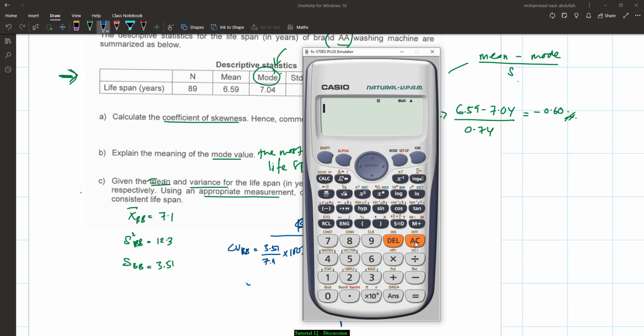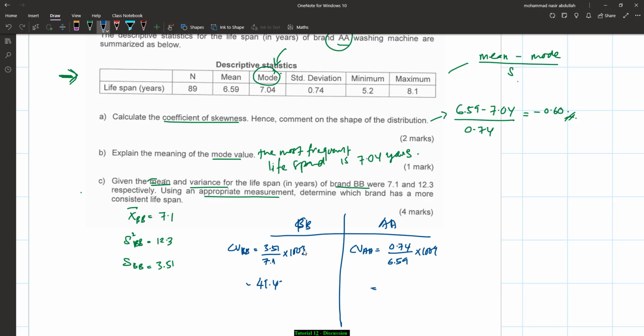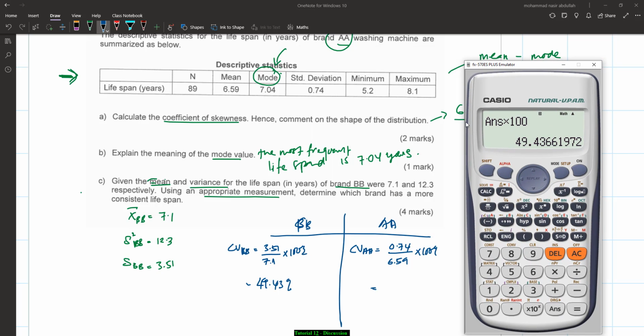So this one should be 3.51 divided by 7.1, multiply with 100%. So this one should be 49.43%. And the next one should be 0.74 divided by 6.59, multiply with 100%.